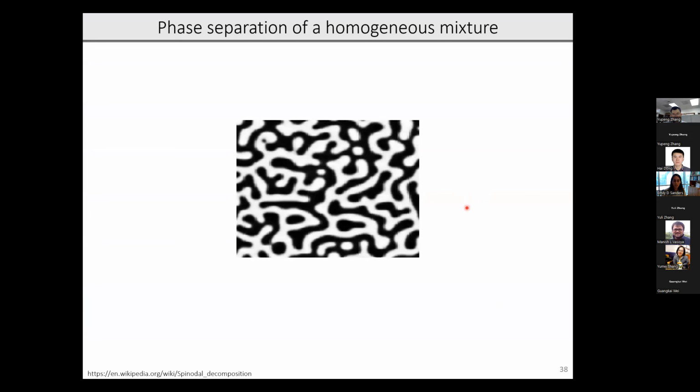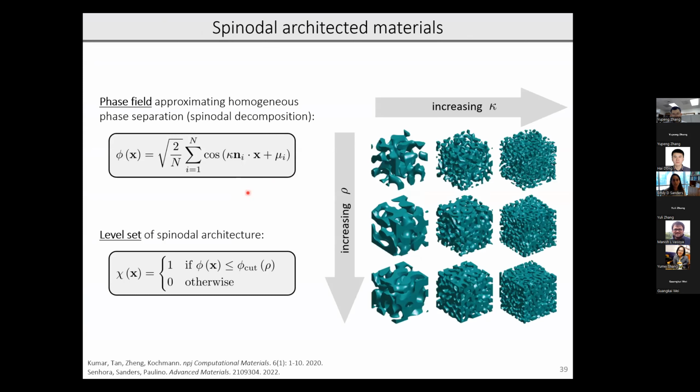And furthermore, we can approximate one phase of that phase separation using a Gaussian random field, or essentially a phase field. Okay, so we now have a phase field representation of one phase in that homogeneous phase separation. And then we can use some cutoff and define a level set field that essentially defines our geometry of these solid spinodal architected materials.